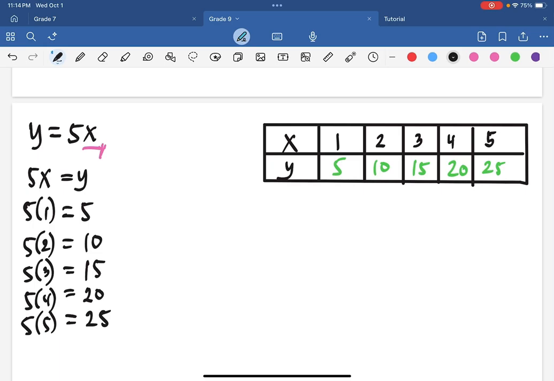Remember that in the general concept of direct variation, when y goes up, x also goes up. So that means when y goes down, x also goes down. So as you can see here, the values of x are going up, right? So 1, 2, 3, 4, 5.